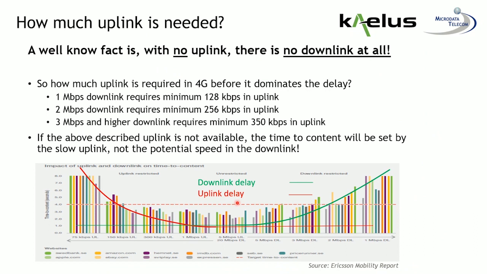In the center here, we have 5 megabit of uplink and 20 megabits of downlink. Going this direction, we slow down the downlink, but we maintain the speed of the uplink. Going the other way, we slow down the uplink, but we maintain the 20 meg in downlink.